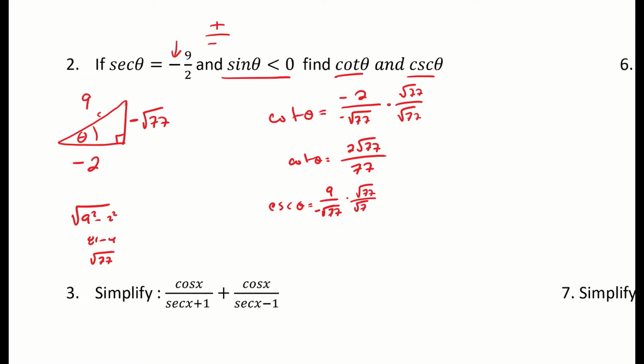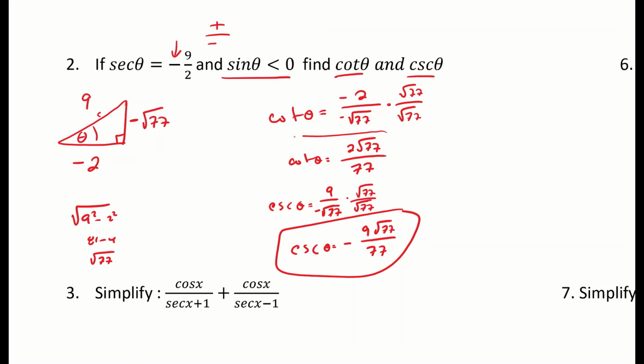Now in this problem, we only have 1 negative, so we have a positive over a negative, which means that my whole answer is going to end up being negative. So I put a negative in the front. In the numerator, I get 9 root 77, and in the denominator, I end up with 77. And so these are my 2 answers for that particular problem.